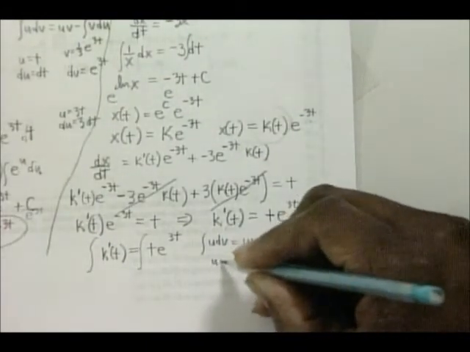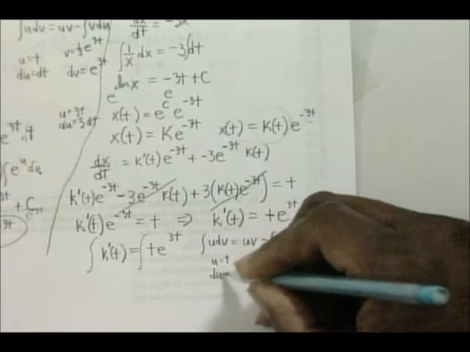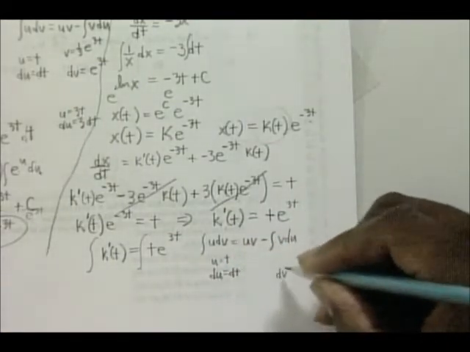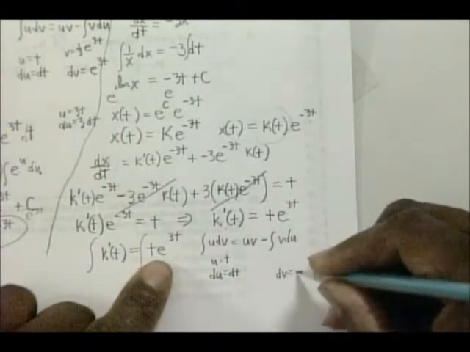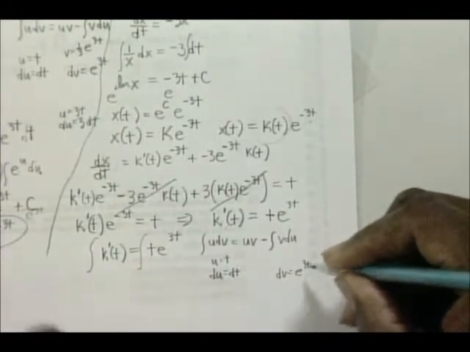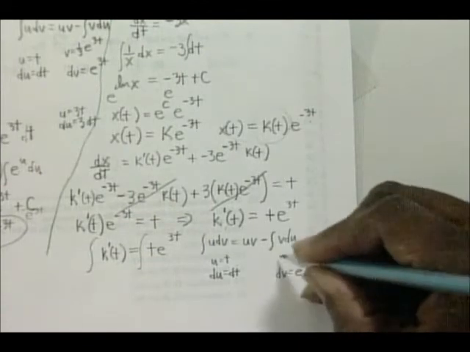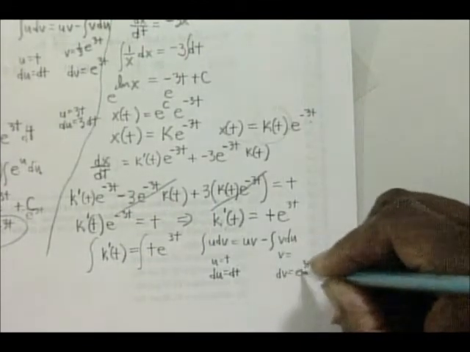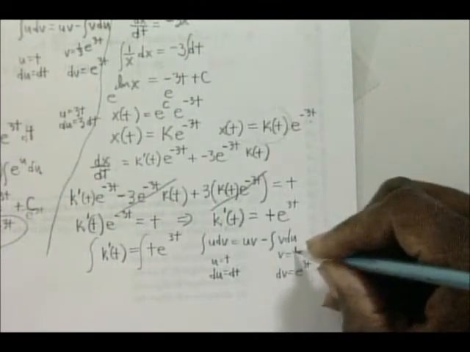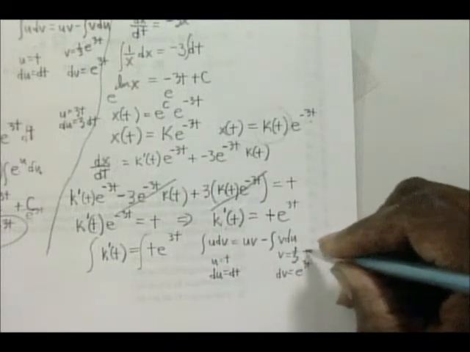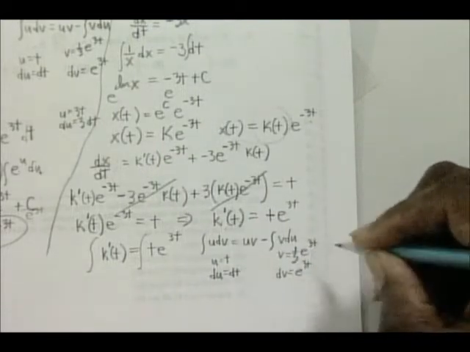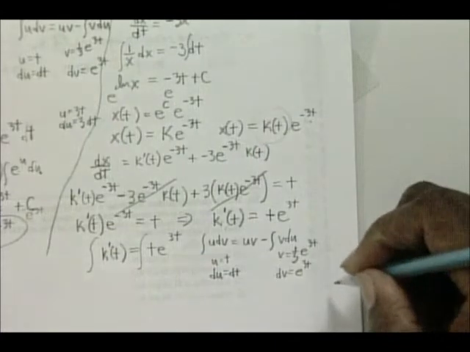So u is t, du is 1 dt, dv is e to the 3t power. V, you'd have to take the antiderivative of this, is 1/3 e to the 3t power using u substitution.